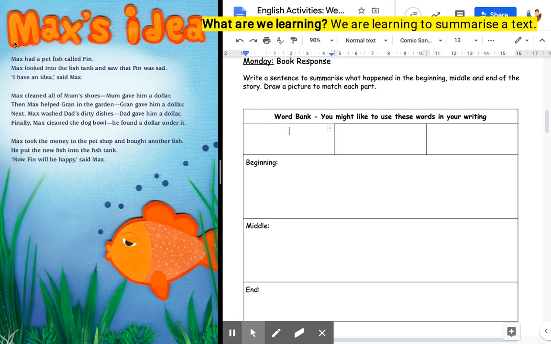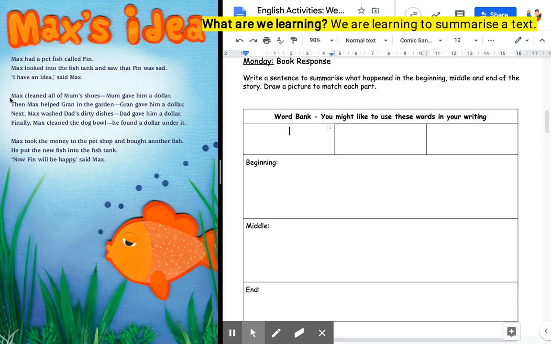Max's Idea. Max had a pet fish called Finn. Max looked into the fish tank and saw that Finn was sad. I have an idea, said Max. Max cleaned all of Mum's shoes.